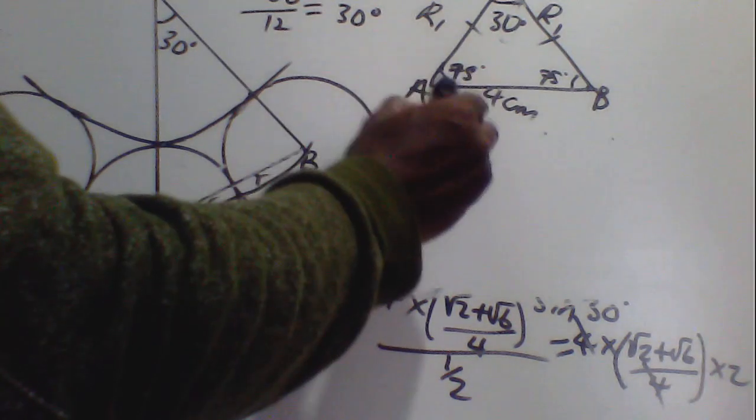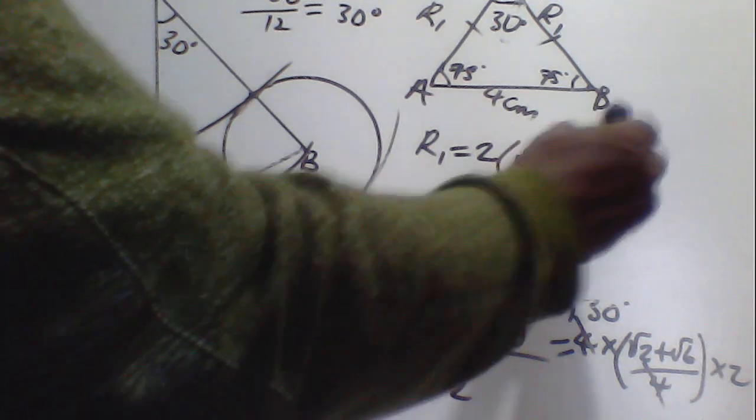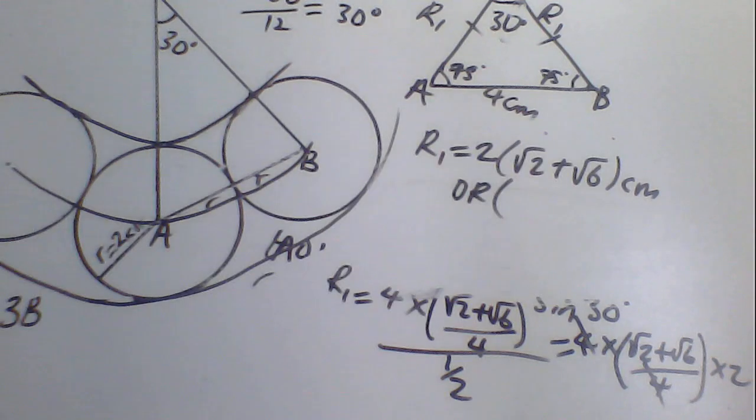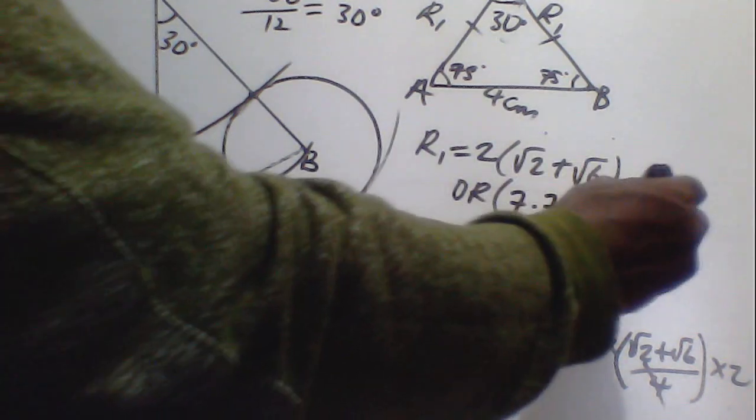Once you do that, we find R1 to be equal to 2 in bracket root 2 plus root 6 cm. So either you leave your answer in this form, or you convert it immediately to decimal. In decimal, you have 7.727 cm to 3 decimal places.